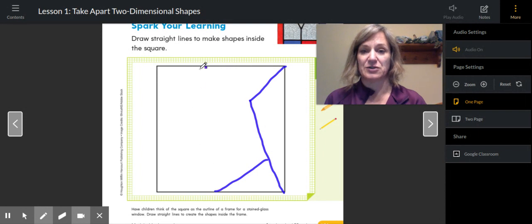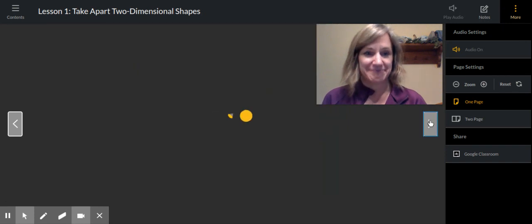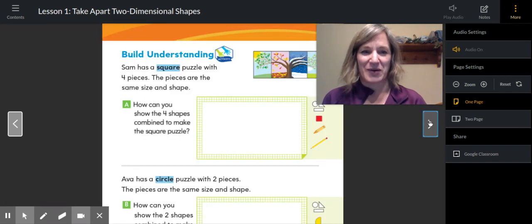You can make rectangles, squares, triangles, and create a stained glass window with your lines. So that's what you're doing there. If you have time and you think it's fun, I would love to see you color it and make a really cool design. If you want to make it simple and you don't want to color it, that's fine. But I want you to be aware that there is geometry everywhere and shapes everywhere you look. And so that's why they're showing you the stained glass window.